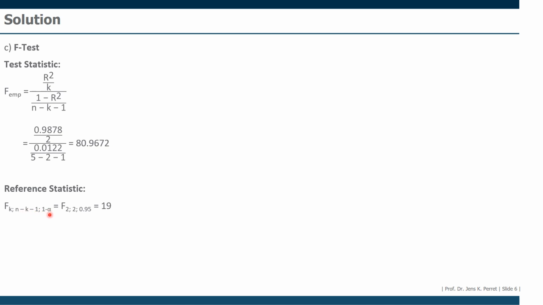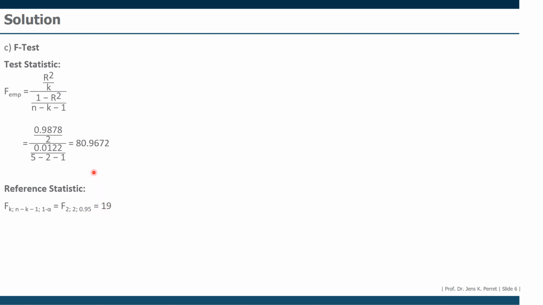And alpha is the margin of error, which in our exercise text was named as 5%. So we should use alpha 5%, so in the last part we get 1 minus 5%, so 0.95. This value we're going to look up in the table, and there we find a reference value of 19.